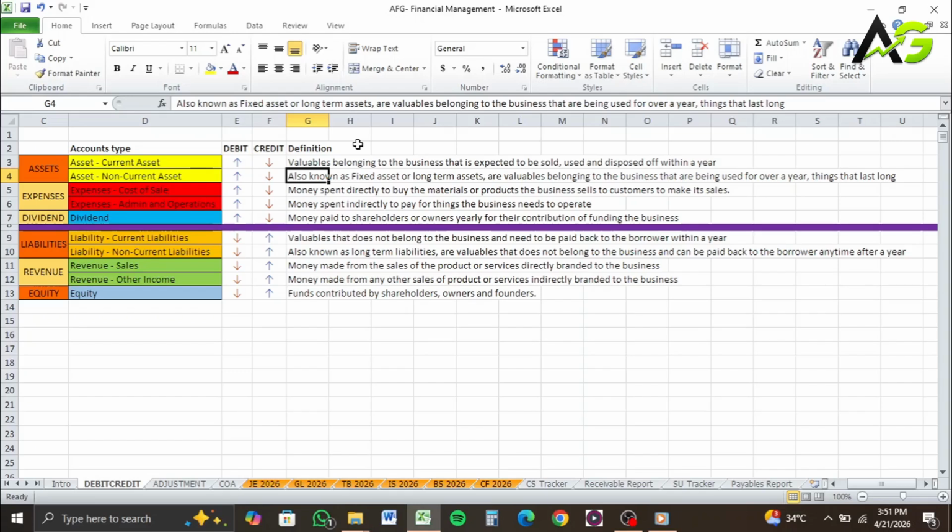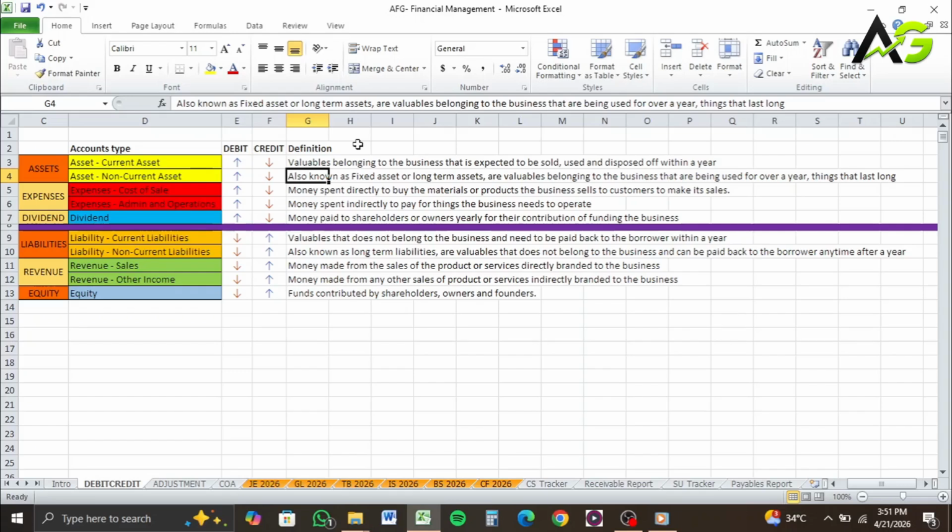Current assets, the reason why is within a year. For example, if you have a receivable, meaning someone is owing you money, the company has people owing them money.